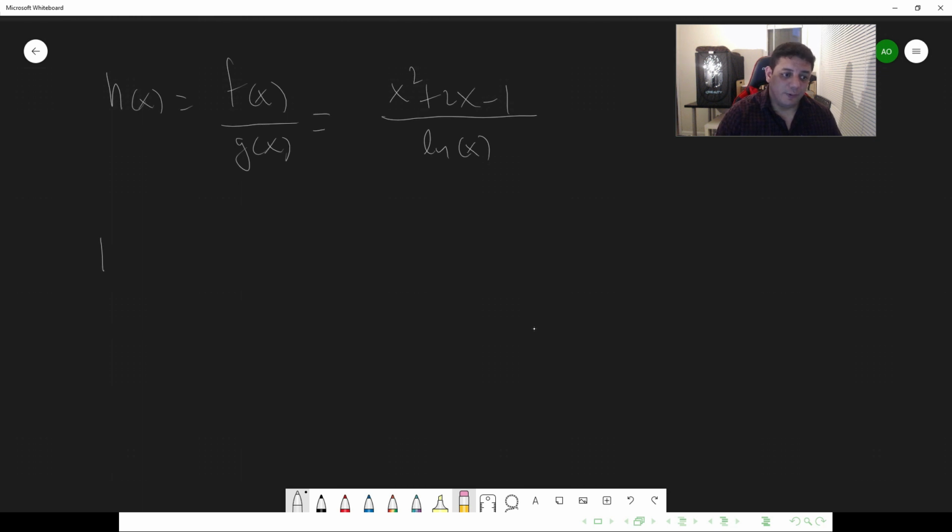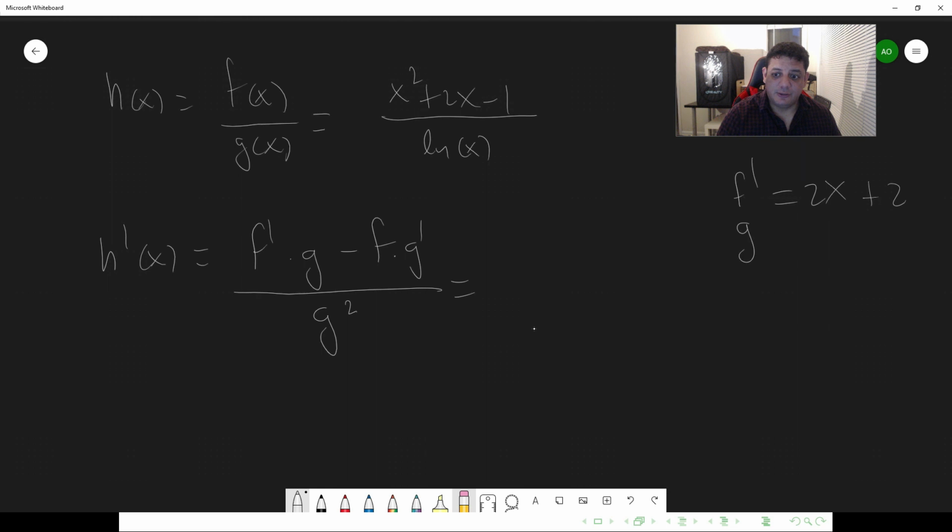According to the formula, h prime of x is f prime times g minus f times g prime, divided by g squared. So f prime is going to be the derivative of that polynomial, so it's going to be 2x plus 2. And the derivative of g is the derivative of log, which is 1 over x.